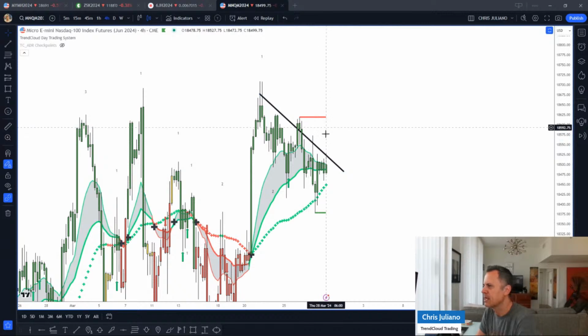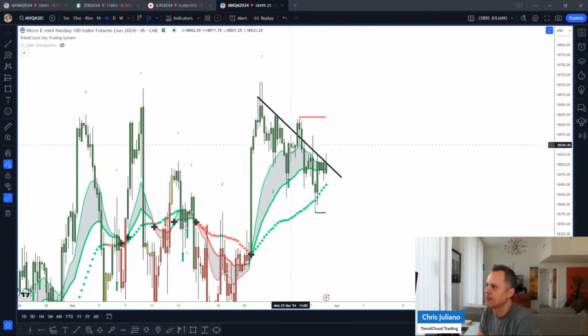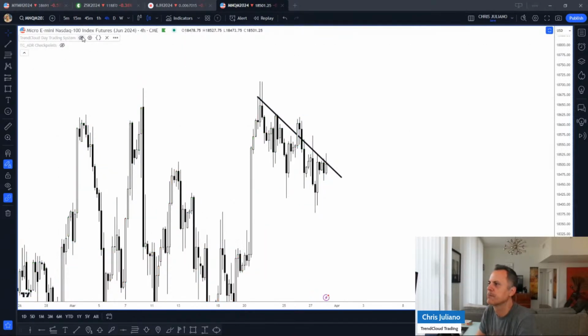When you have a break, like we got a little false breakout here, I'm sure people looked at this, had everything drawn like this, right? False breakout. It even broke above that trend line and closed above the trend line. Right here. These two candles closed above the trend line.